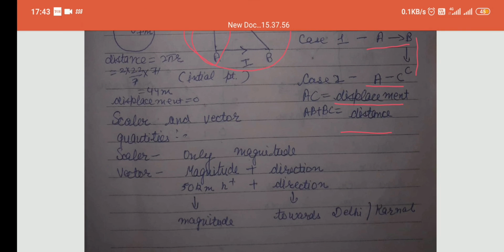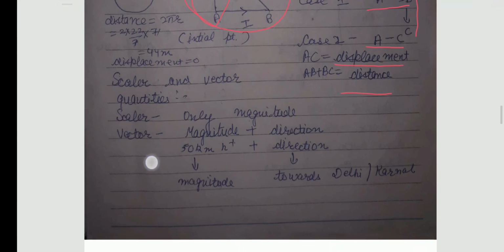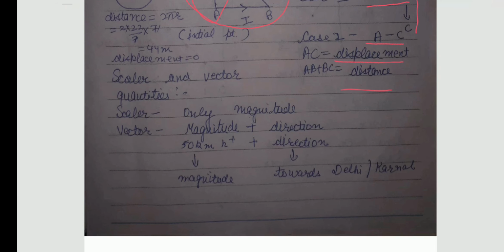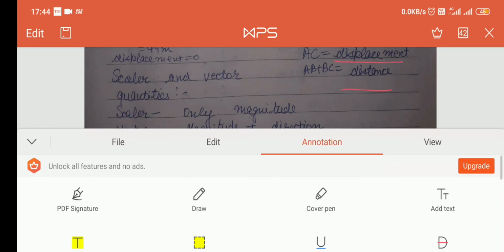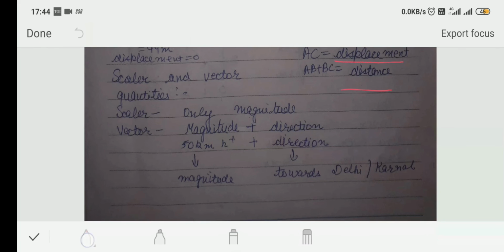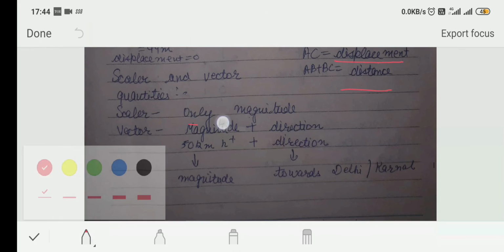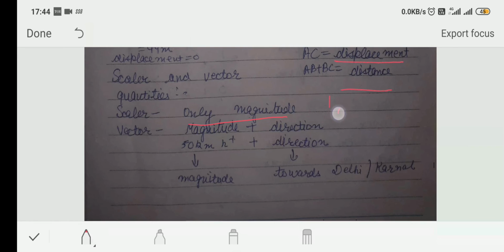First of all, understand what scalar quantity and vector quantity are. Scalar quantities are those quantities which have only magnitude. Magnitude means 1, 2, 3, any natural number.